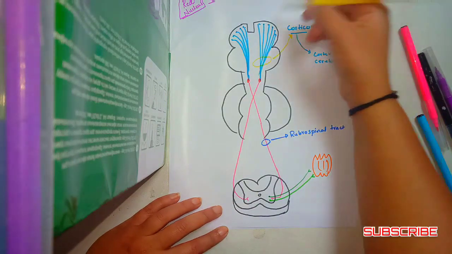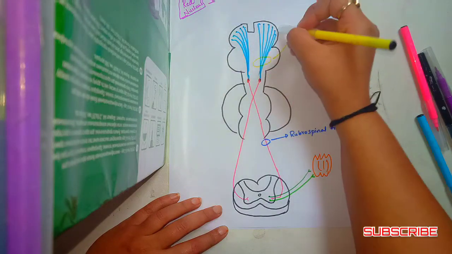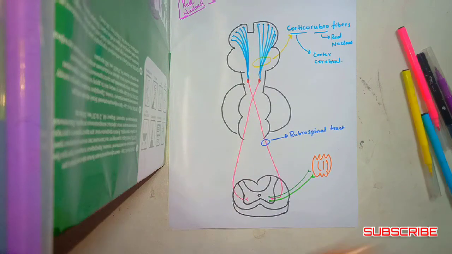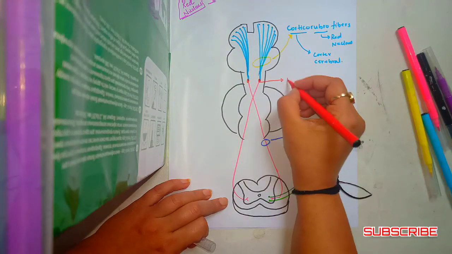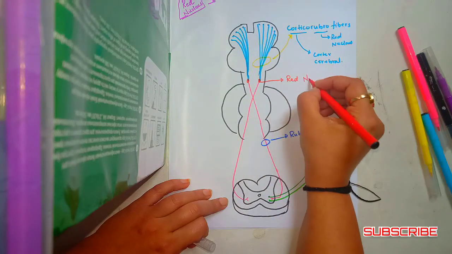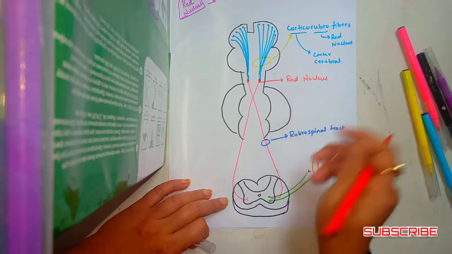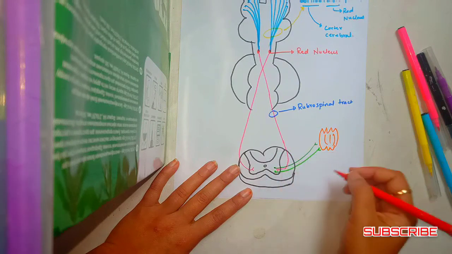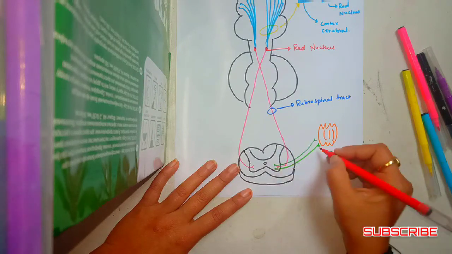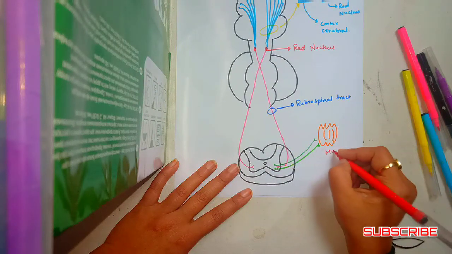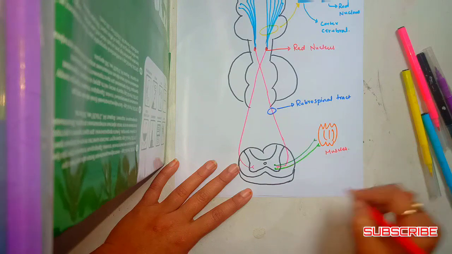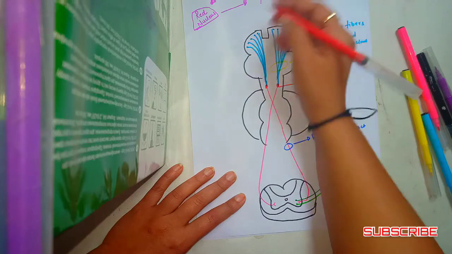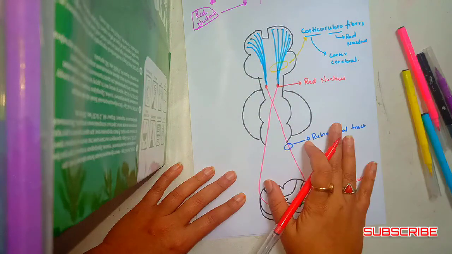So let's begin once again. From cortico-rubro fibers from the cerebral cortex, this fiber comes downwards to the red nucleus. Here I will write a name, red nucleus. From red nucleus it goes directly to the spinal cord on the anterior horn side, and from the anterior horn they will transfer to the muscles. Okay, so this is whole rubrospinal tract.